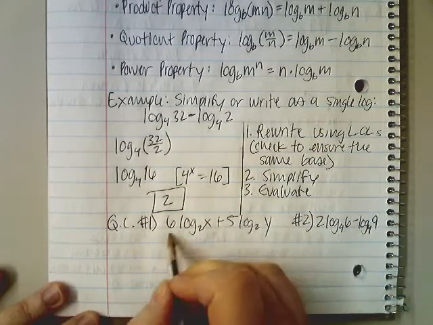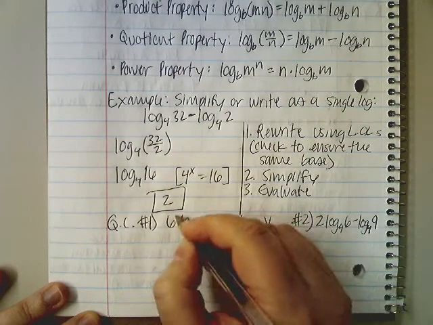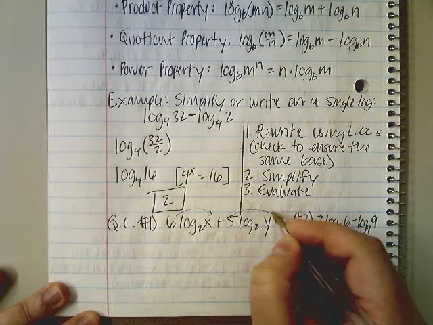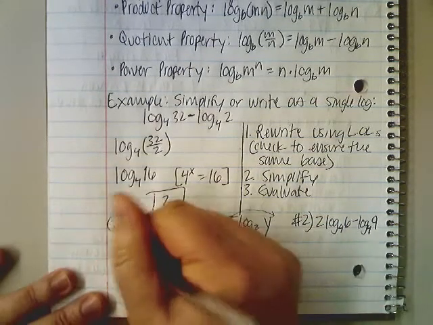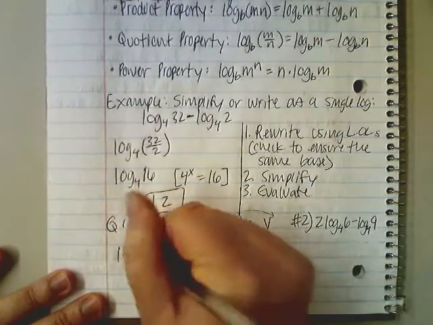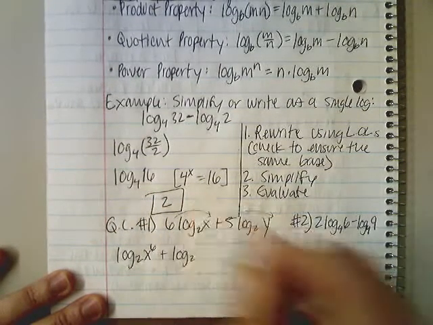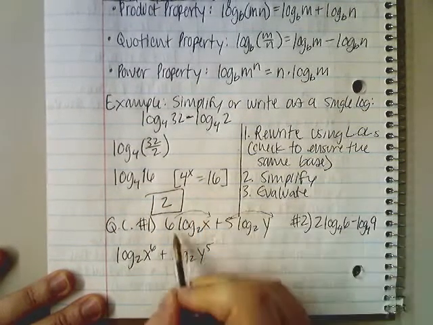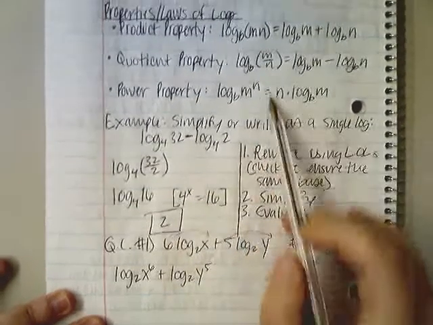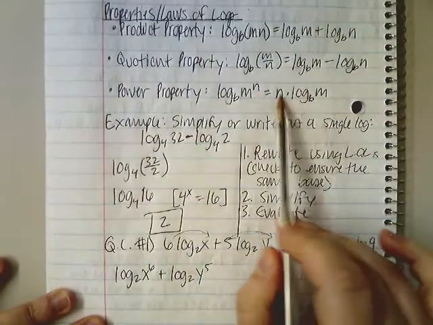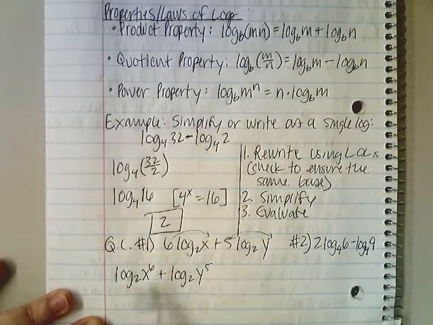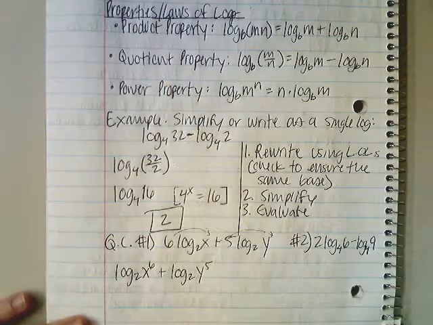I'm going to go over them now. For this one, I'm going to start by bringing up the number in front to the exponent. So I'm going to rewrite this as log base 2 of x to the 6th plus log base 2 of y to the 5th. Since I was multiplying, I'm doing this in the reverse order of what we did here. I brought it up into the exponent, which I'm allowed to do using the power property.